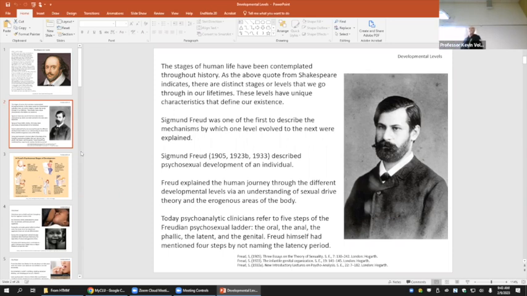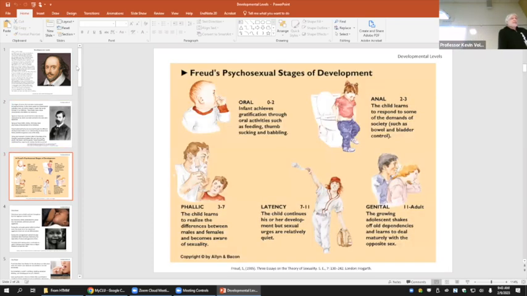Younger Freud, by the way. He was a young man at one point. Here they are. You've heard these. Oral stage, 0 through 2: the infant achieves gratification through oral activities, feeding, thumb sucking. Anal, 2 to 3: the child learns to respond to some demands of society, such as bowel and bladder control.